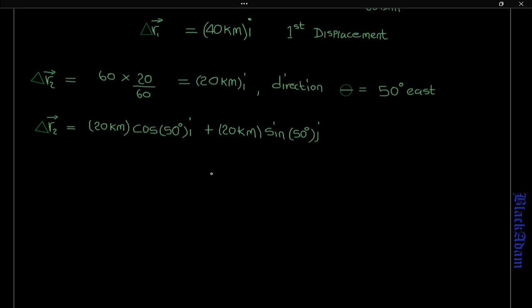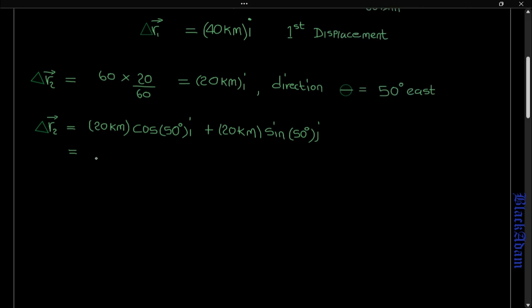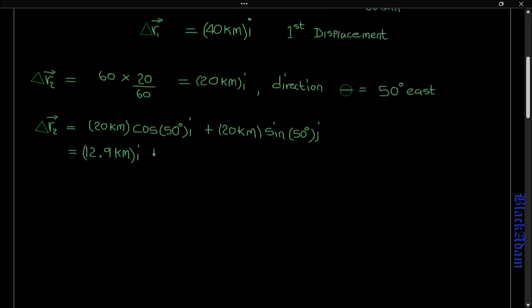And then from there we can use a calculator to find the equivalent. Cos 50 degrees multiplied by 20 is 12.9. So that's 12.9 kilometer i, and then we have sine 50 degrees multiplied by 20, that's 15.3.